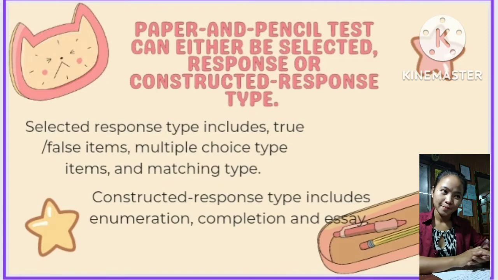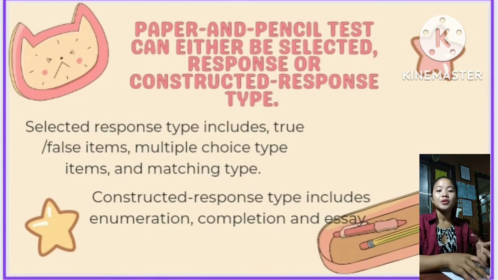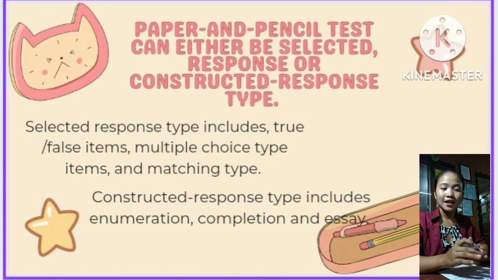All in all, constructed response type is more complicated compared with selected response type. Kasi sa constructed response type, like for example, this enumeration. For example nga sa enumeration, enumerate the 8 parts of speech. Kailangan mo makuha lahat ng 8 parts of speech na yon, which is kailangan mo familiarize or sometimes nga minimemorize pa natin.